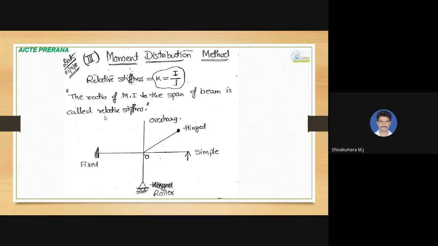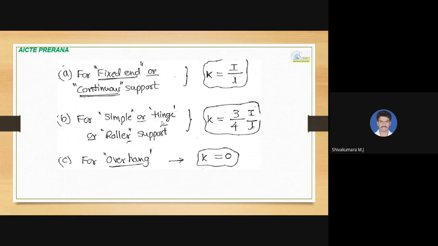Different support conditions will come, that is fixed support, simple support, roller support, hinge support and overhanging portion, all are shown in this case. For the relative stiffness value, if the far end from the point of consideration is a fixed end or if it is continuous, the relative stiffness is K equal to I by L. If the far end is a simple or hinged support or roller support, the relative stiffness is 3 into I divided by 4L.